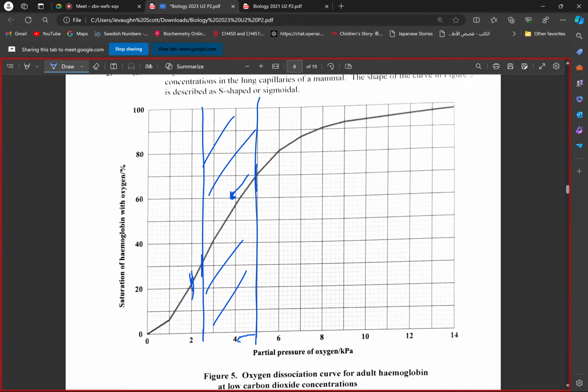It's a steeper curve. What do these things mean? How do we interpret the graphs? Go ahead. A small increase in the partial pressure leads to a larger increase in percentage saturation of hemoglobin with oxygen. Saturation, the oxygen saturation of hemoglobin.